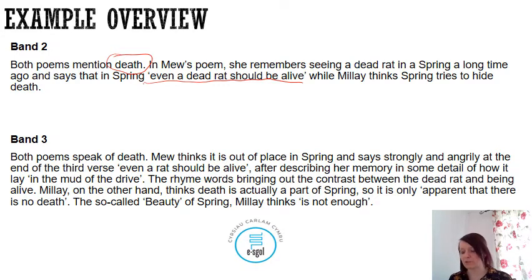The idea that she recounts a years-old memory of coming upon a large dead rat, which is just lying there in a muddy road on a spring evening. And the speaker remembers thinking that although rats are quite vile creatures, like any creature, it should be alive during the spring month.